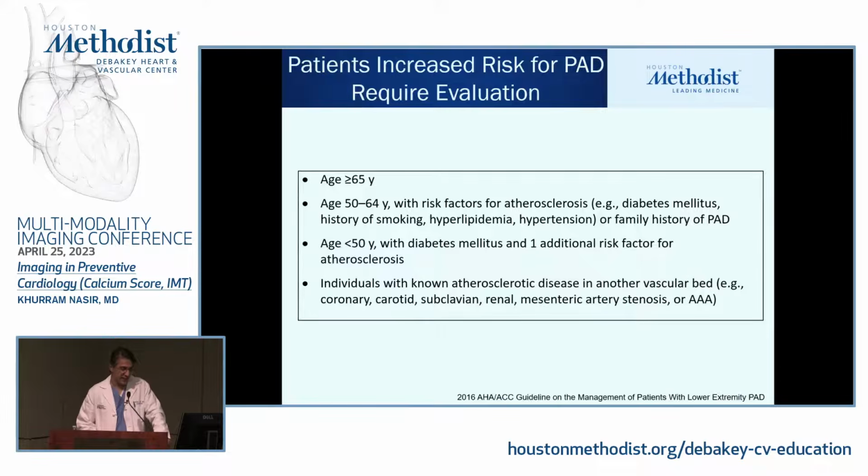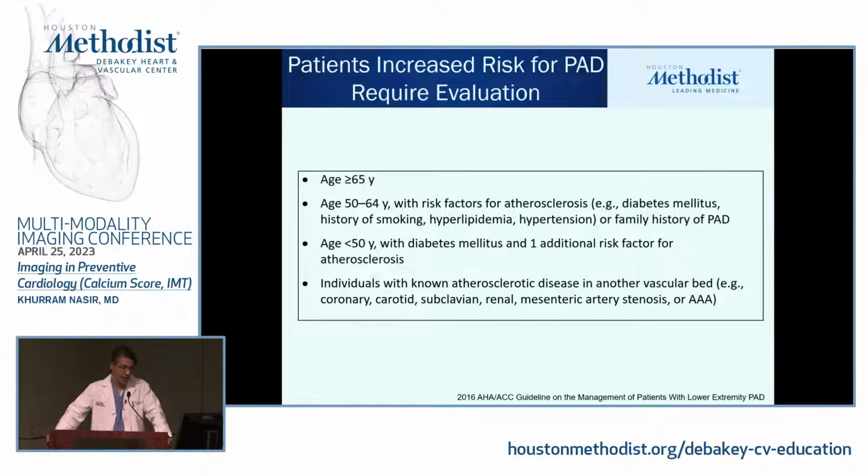As a result, the guidelines have published those patients who are at increased risk for peripheral arterial disease that we should be screening. These patient populations are anybody who's more than 65 years of age, and anybody between the ages of 50 and 64 who has risk factors of atherosclerosis, and that of course includes diabetes, smoking, dyslipidemia, hypertension, or a family history of peripheral arterial disease.